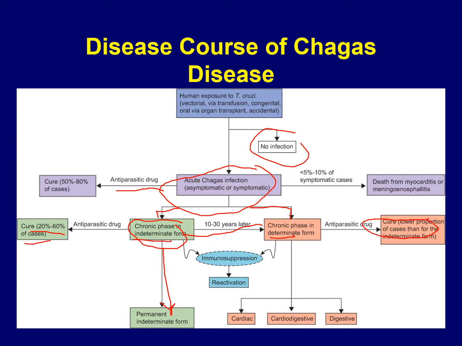So the idea here is that it would be very good to detect people earlier on and treat them with antiparasitic drug as early as possible. It's also worth mentioning that immunosuppression can lead to reactivation and cause symptoms of Chagas disease.